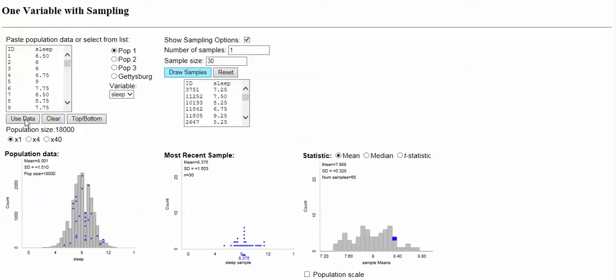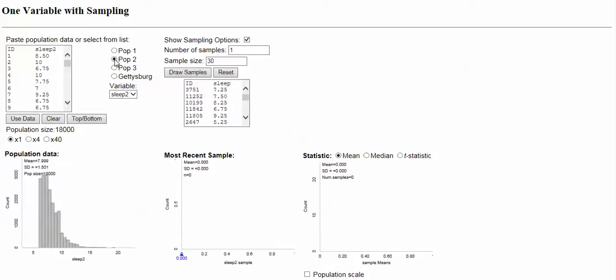But if the population is skewed, well, in that case, if I'm taking a small sample of, let's say, 10 people, I'm likely to get a low sample mean because I'm likely to get a lot of people from this lower end, because there's a lot of people to draw from down here and not as many people up here.